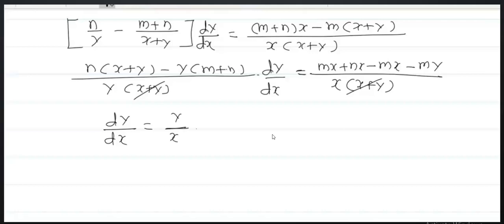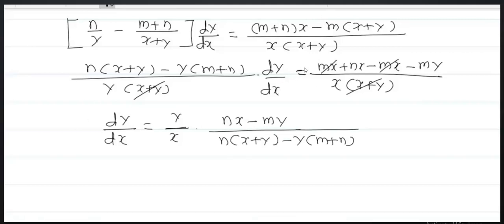And therefore dy by dx is equal to, now some terms are still present here, y upon x into (nx minus my).